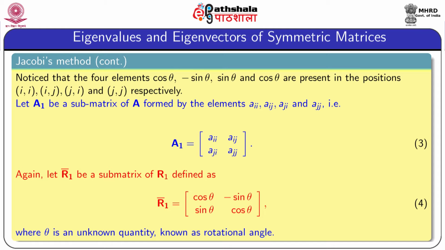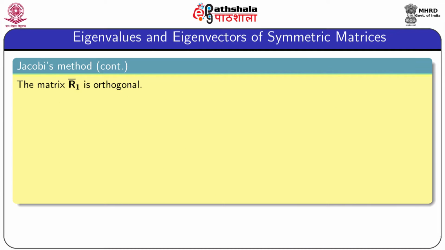Again, let R1 bar be a submatrix of the matrix R1 defined by R1 bar equal to cos theta, minus sin theta in the first row, and sin theta, cos theta in the second row, where theta is an unknown quantity known as the rotational angle. Obviously this matrix is orthogonal, which can be proved by direct multiplication, and hence the original matrix R1 is also an orthogonal matrix.